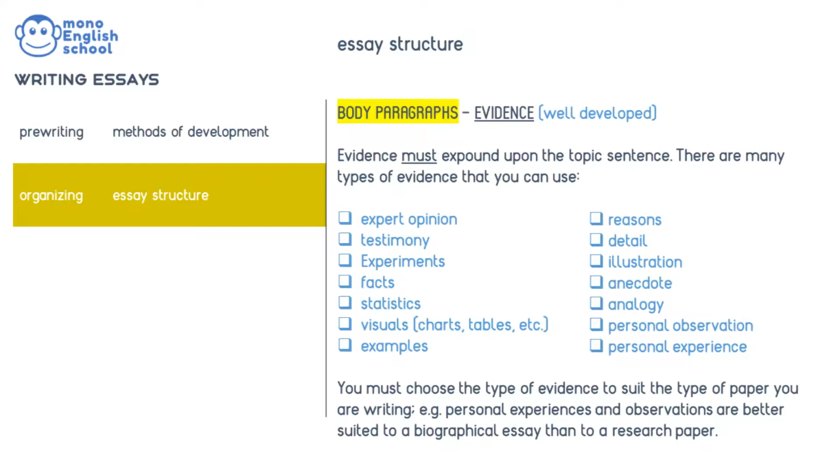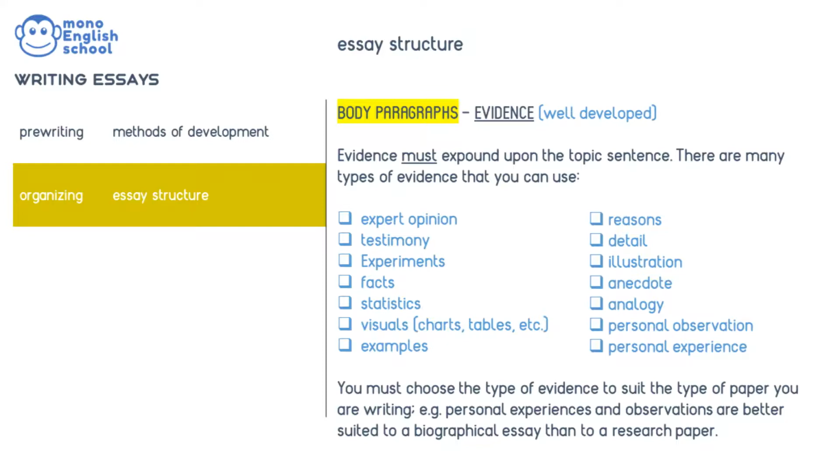There are many types of evidence, for example, expert opinion, testimony, experiments, facts, statistics, visuals, including charts and tables. There are also examples, reasons, detail, illustration, anecdote, analogy, personal observation, and personal experience.